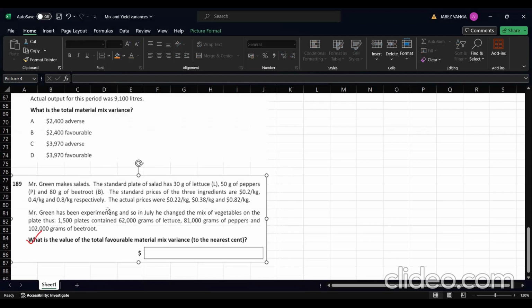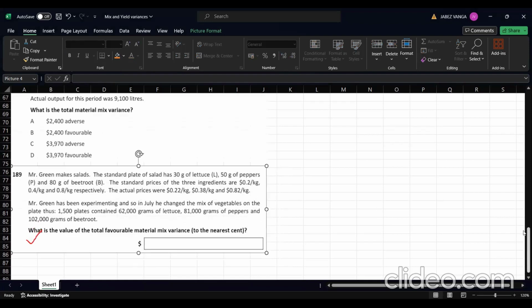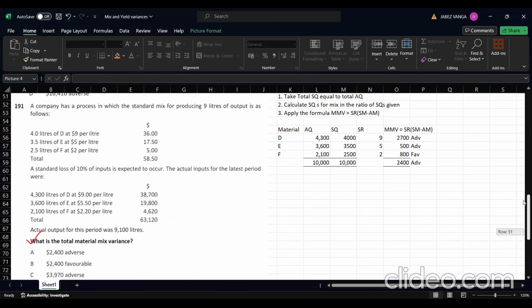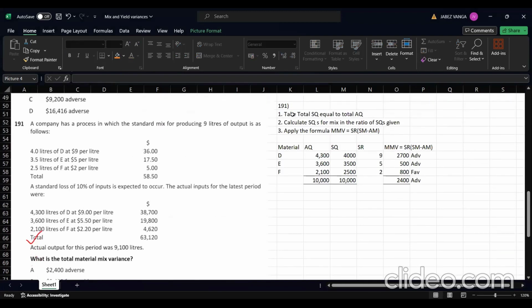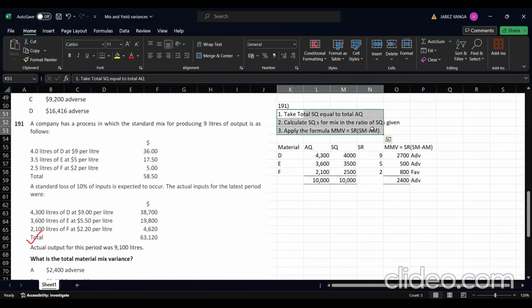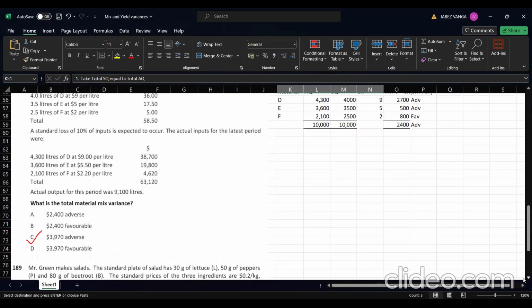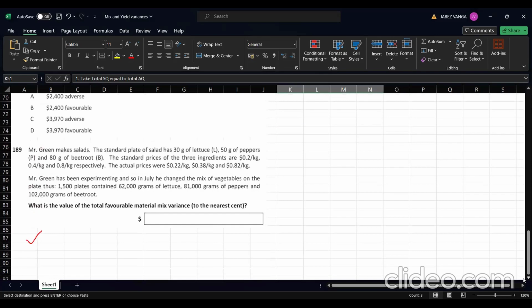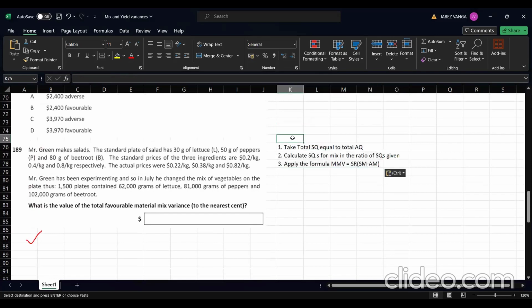I'll bring the three rules here and paste them so that we can have a look. The rules are: take total standard quantity equal to the total actual quantity. This is question number 189.